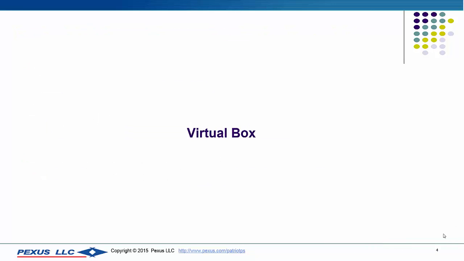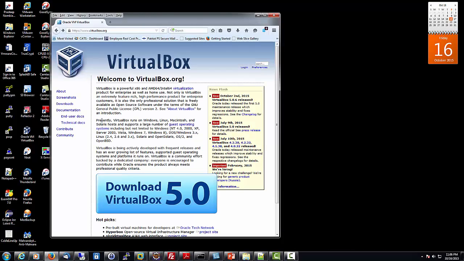Next, I will show you how easy it is to import the Patriot PS personal server OVA image into the VirtualBox software. Go to the VirtualBox website to download and then install the VirtualBox software for your operating system.